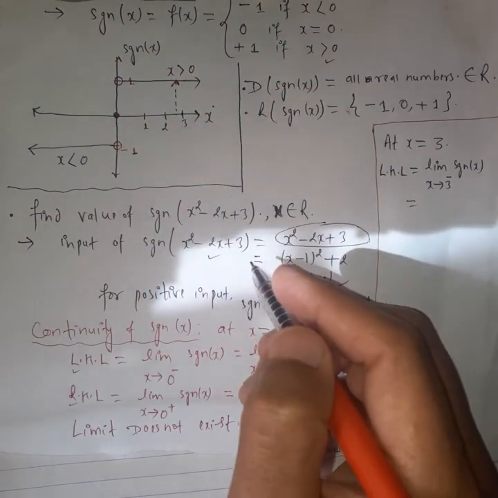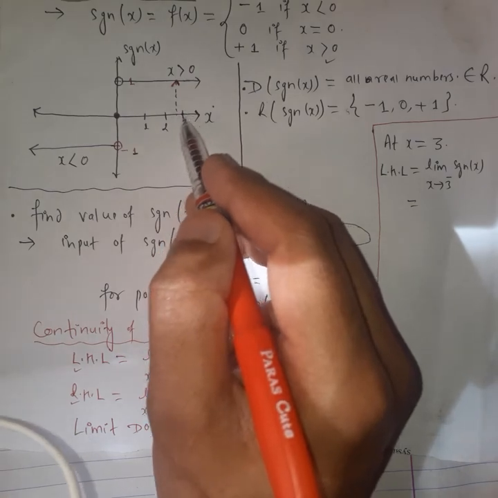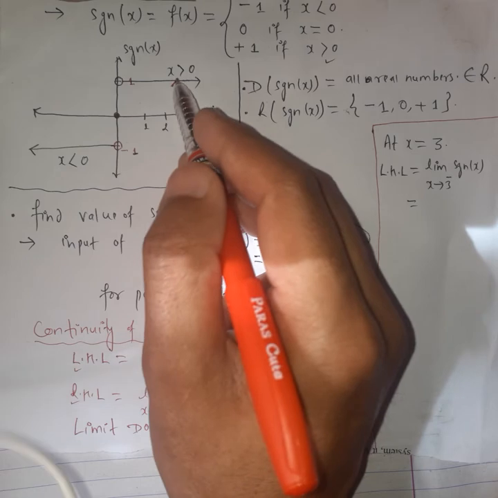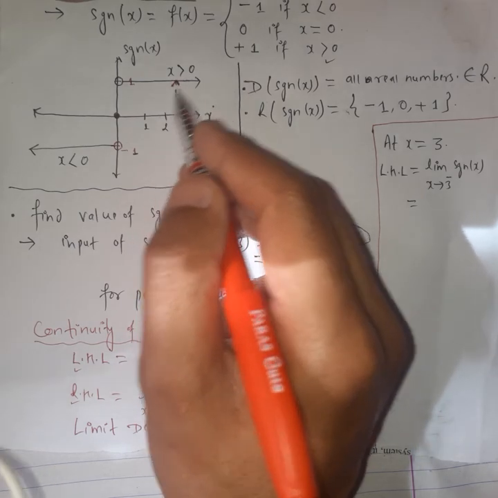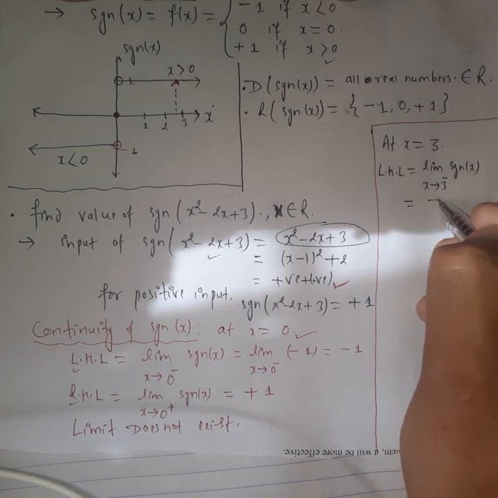If we take values of x nearly equal to 3 from the left hand side, the output of the signum function will be 1. We can easily observe this from the graph. So the left hand limit will be positive 1.